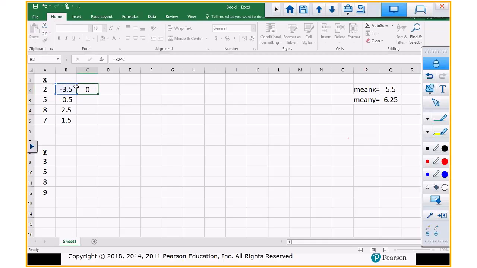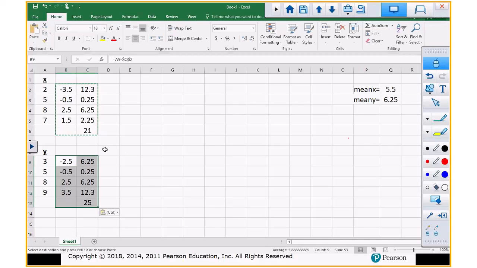Second power. Good job. Copy that down, and then get a what? A total, and then that's the numerator for the variance, not the standard deviation. So I'm going to copy all this down. Copy, Control C, Control V, and there's that one.